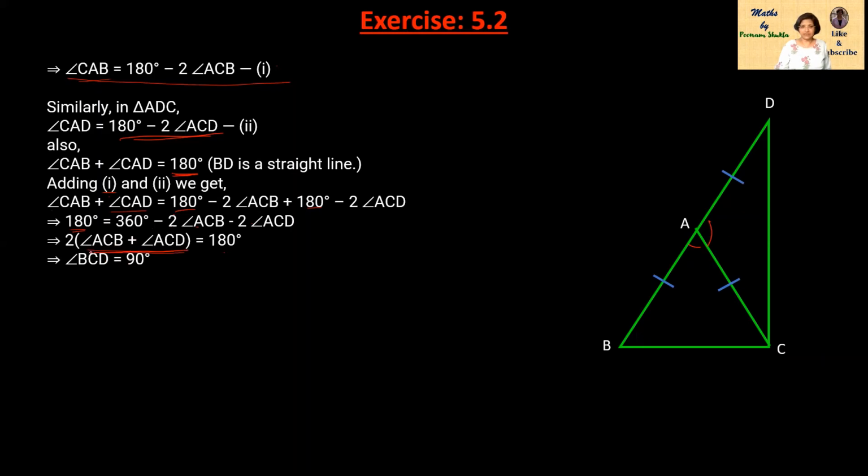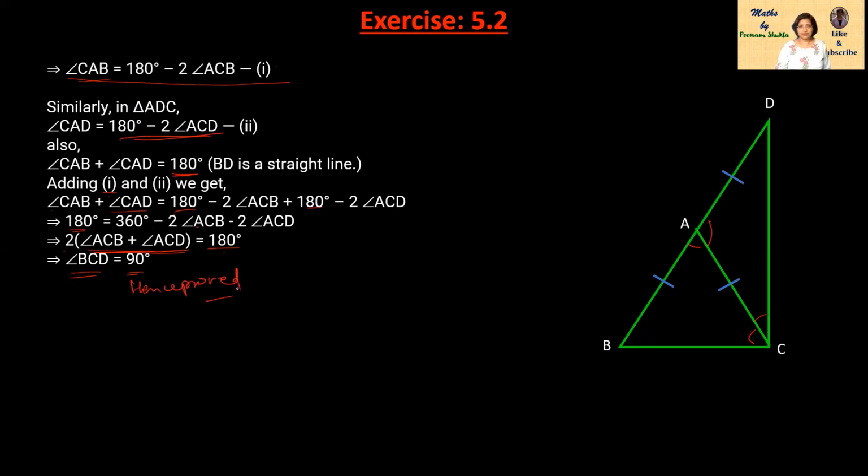If we see the diagram, angle ACB plus angle ACD is angle BCD. In place of this I have written angle BCD, and dividing 180 by 2, we get 90 degrees. So that is hence proved.